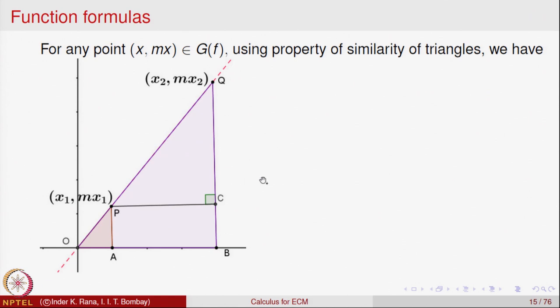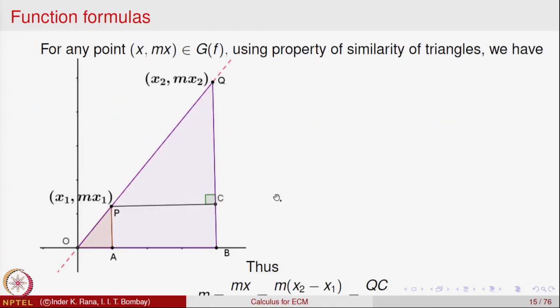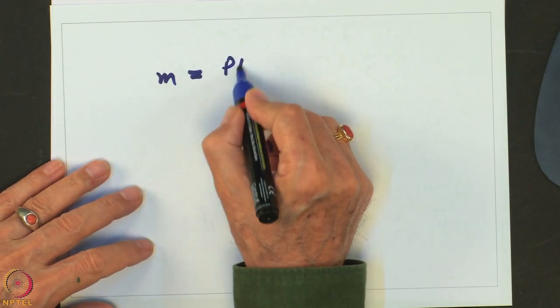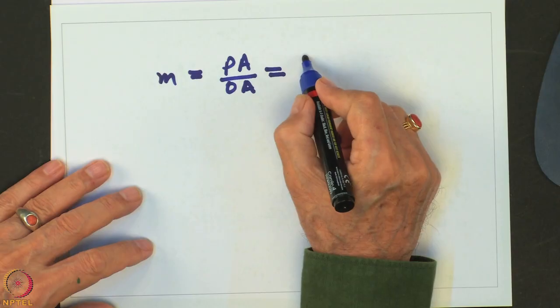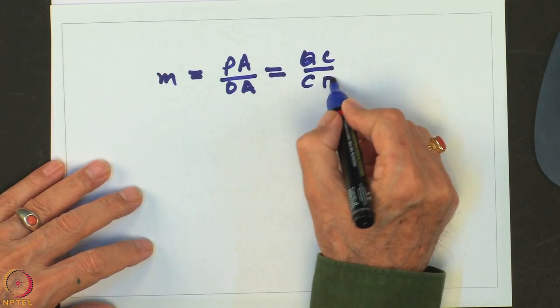So, that gives us the relations. That is not visible. So, let me write that. So, that gives us the relations: m is equal to PA divided by OA, that is also equal to QC divided by CP.